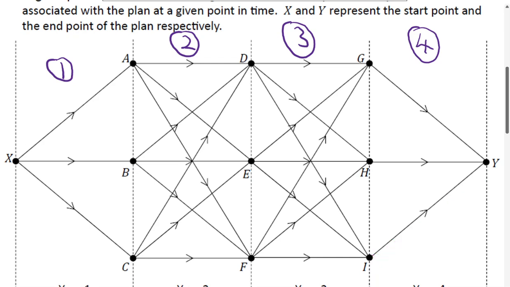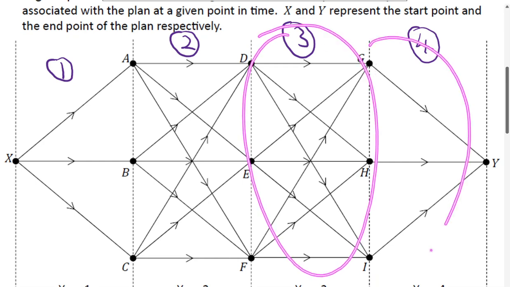Depending on what we want, we want to maximize profit, so we want the biggest number. Whichever one of those is the biggest number, we keep. That's the only path from D to Y that we need to worry about from here on in, because it's the optimal path, the biggest value, in stage 3 and stage 4.